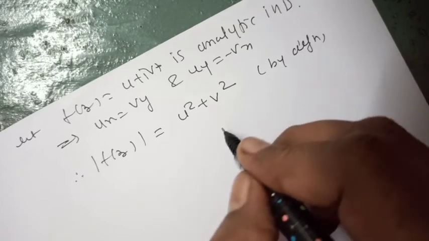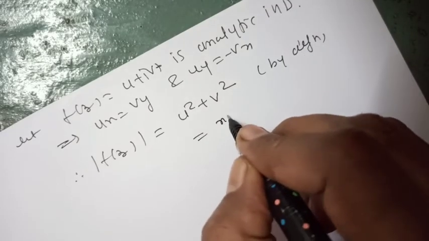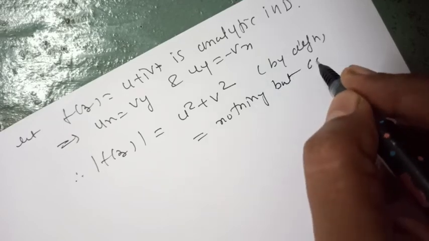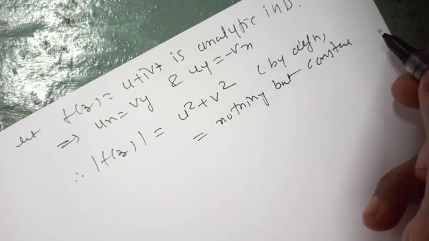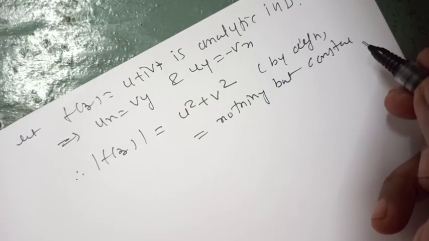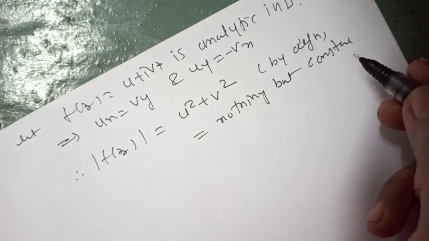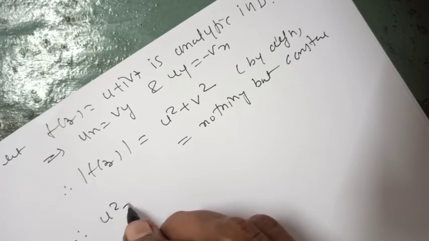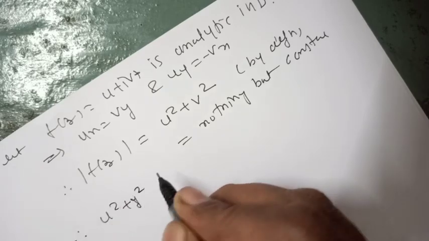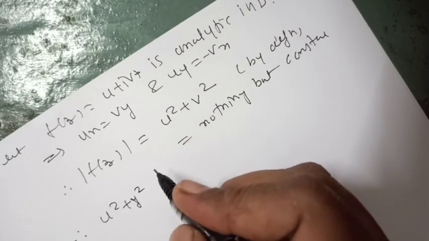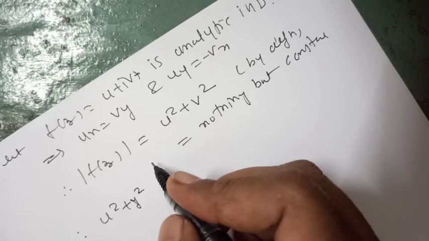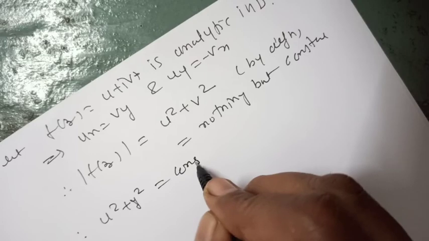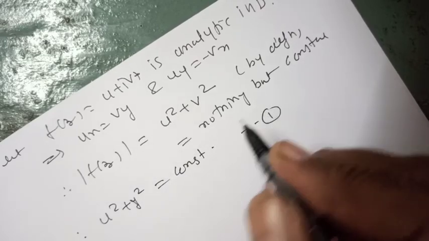It is a constant term. Therefore u square plus v square equals constant. Call it equation 1.